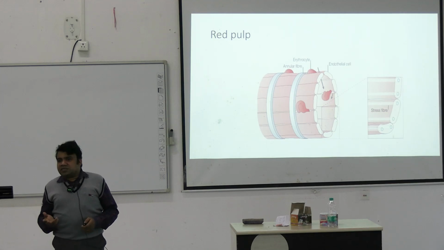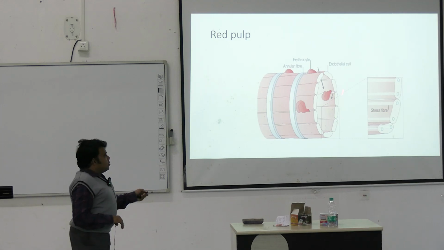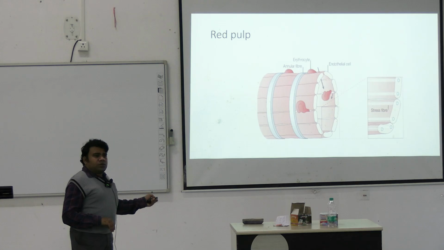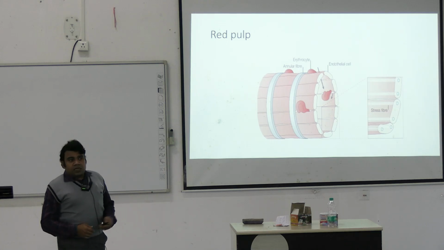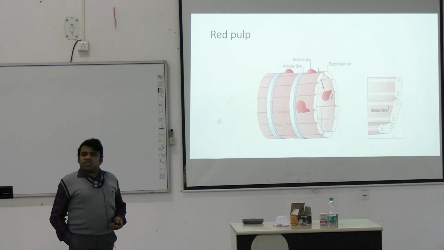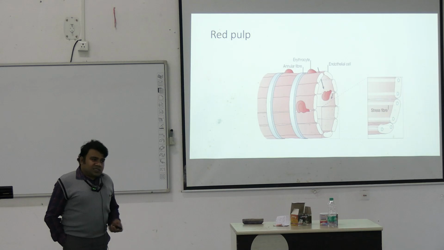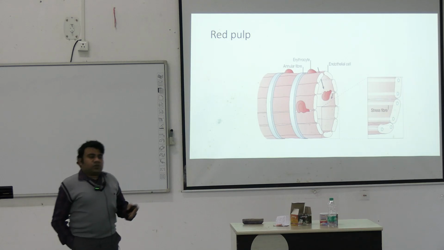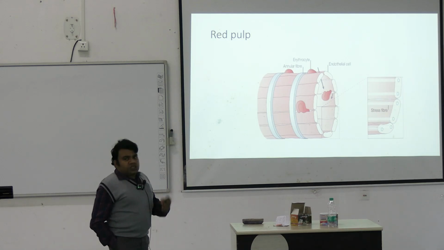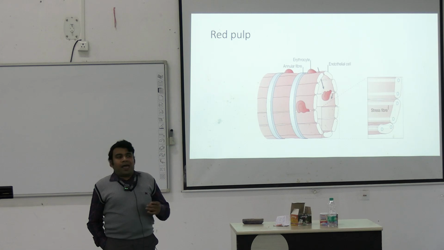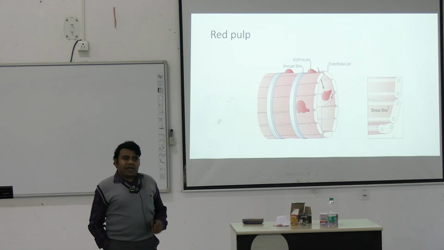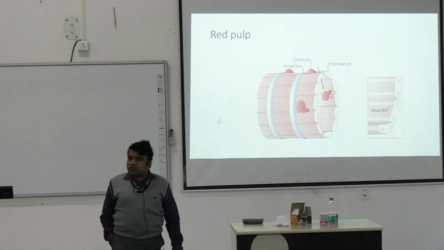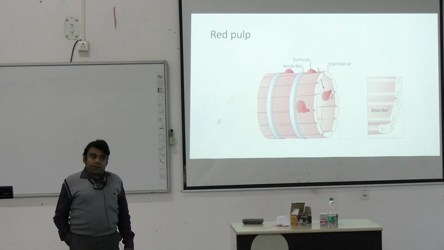And when the pliability decreases, it cannot come out through these small sieve-like structures and will eventually be destroyed. So, what the spleen does is it actually gets rid of the degenerated, infected or abnormal red blood corpuscles and platelets. That is the function of the red pulp.